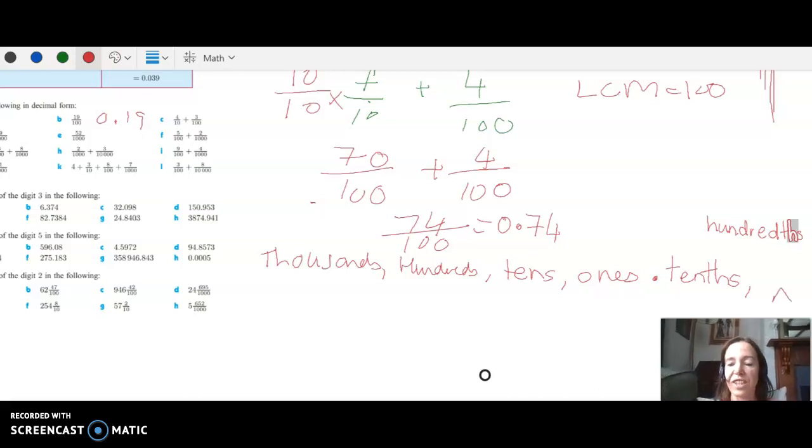Okay, so they all have ths on the end, thousands, so tenths, hundredths, thousandths, etc. Okay, so have a go at that, and you can check in your textbooks. It's around about page 125.